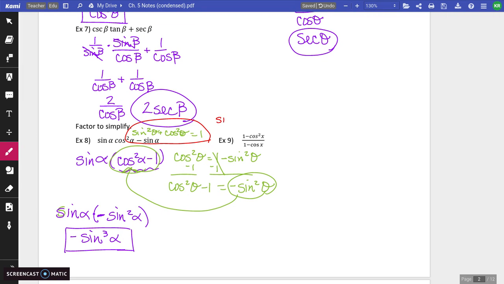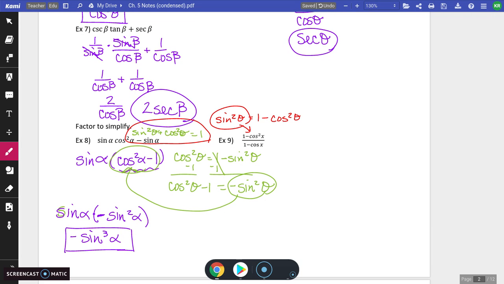I could end up with sine squared theta equals 1 minus cosine squared theta. Somebody might say, hey, I want to make that substitution. If we make that substitution, this is what you end up with.